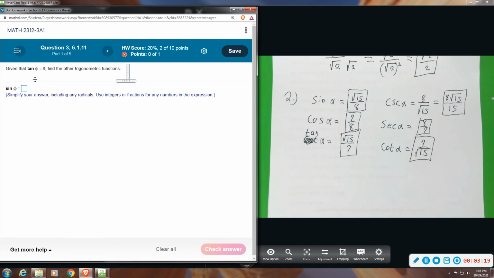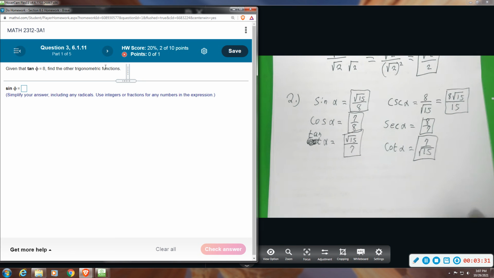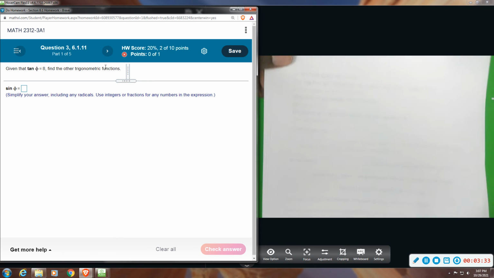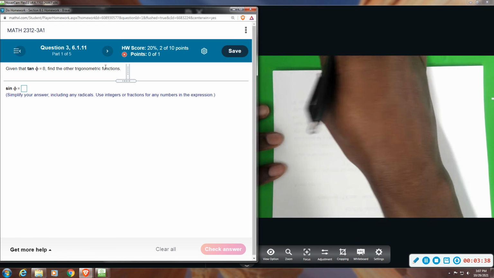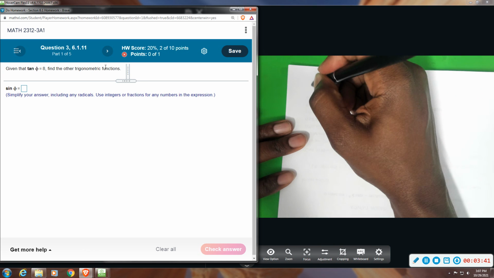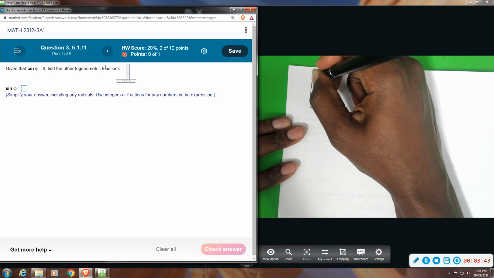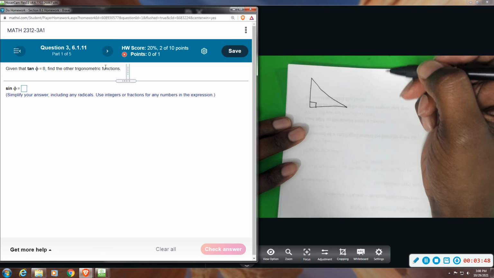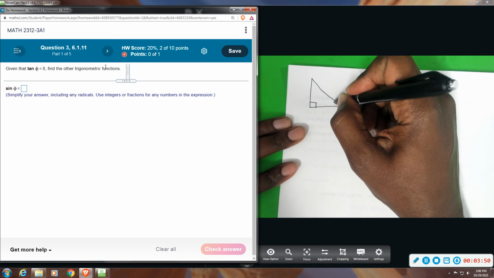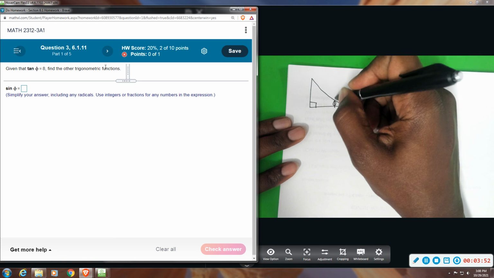Okay, so on number 3, we have some extra work to do. They give us 1 trig value, and you have to find the other 5 remaining trig functions. So what you're going to do is draw a right triangle. It doesn't matter the orientation. You can put that angle anywhere you want. So it's phi. Phi is the angle that we're using. So I'm going to put phi here.